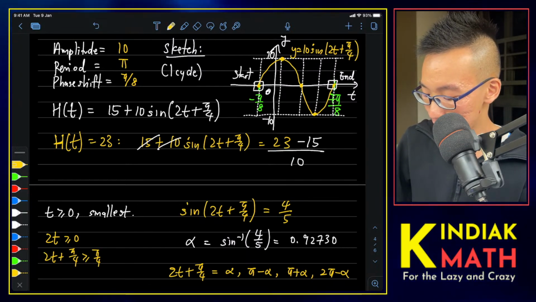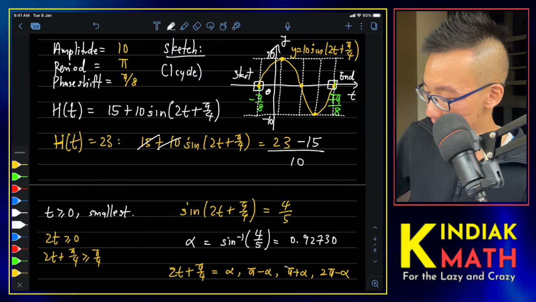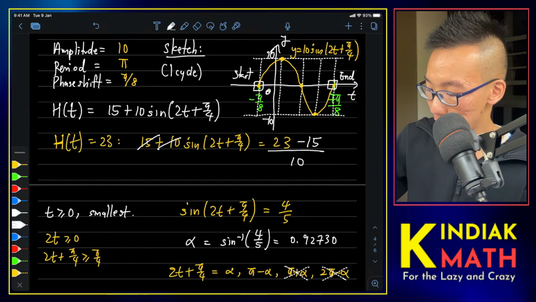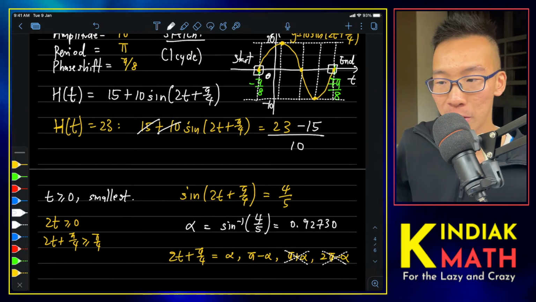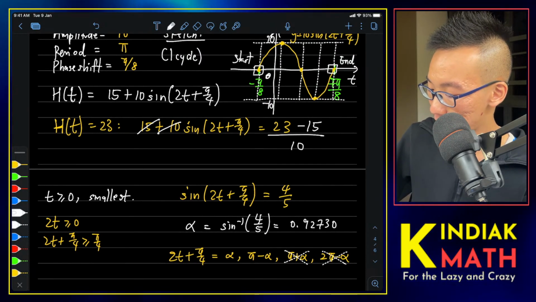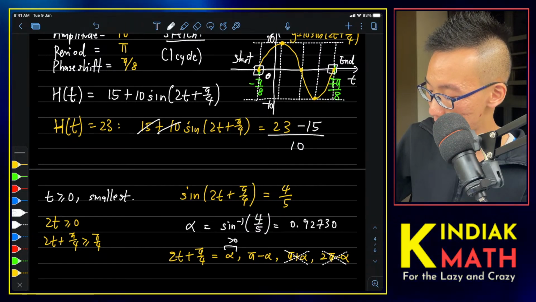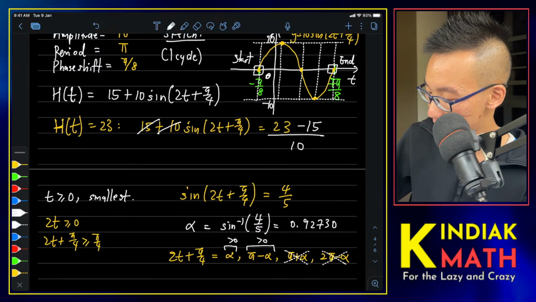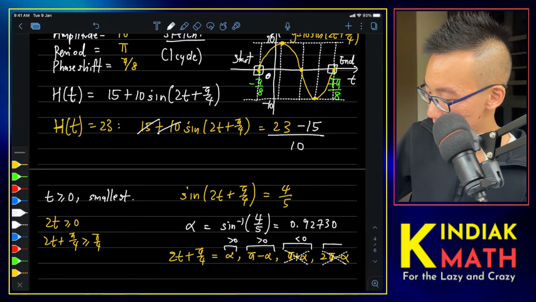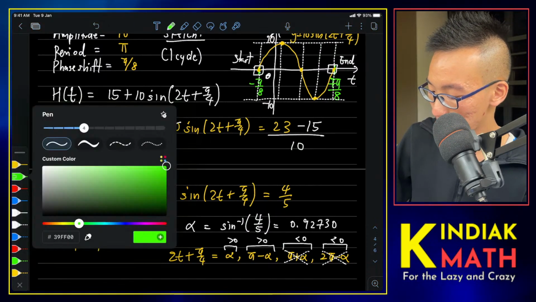Using the calculators, we can actually eliminate these options, because when you type it all into a calculator, the sine of alpha will give you a positive number. This will be positive, this will be negative, this will be negative.